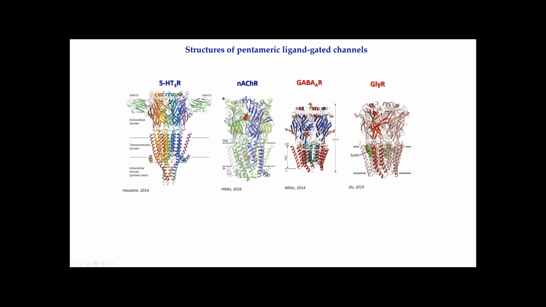The second transmembrane helix from each of these subunits comes together to form an ion permeation path, or the pore of the channel. The intracellular domain is the least conserved across the members of the family. It is more structured in cation selective channels, whereas it's primarily unstructured in GABA and glycine receptors.